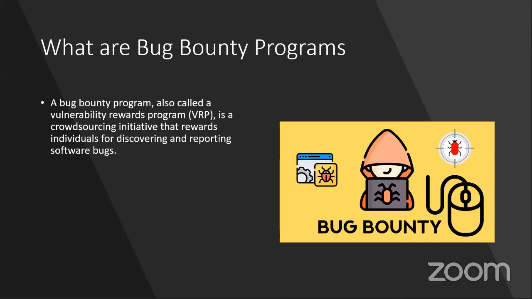So when you find a bug in a Facebook program, you have two ways. Either you exploit that bug for your own bad purpose, or you submit the bug to the Facebook security team. They will validate the integrity of the bug and its impact, and based on that, they will decide the reward.